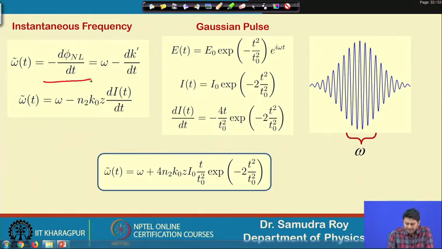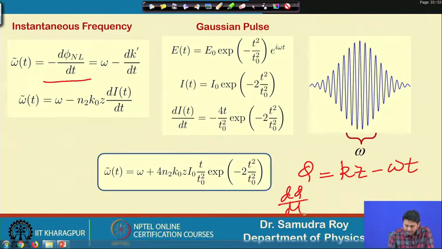Normally, let me write here, the phase phi is given as k z minus omega t. If I write d phi dt with a negative sign, on the right hand side we simply have omega.